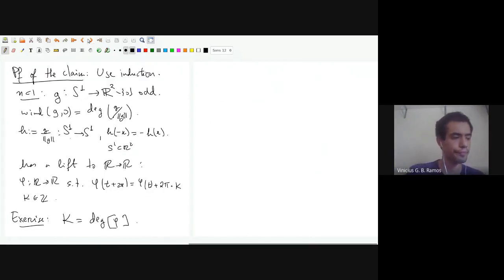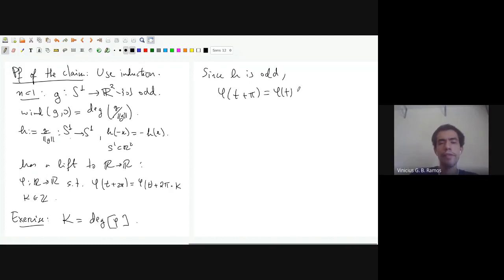Okay. So now, since we assumed that h was also odd, we can say more than this. We can say that phi of t plus pi is phi of t plus pi times k. And k is actually odd because h is odd.